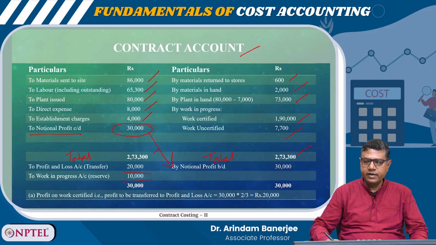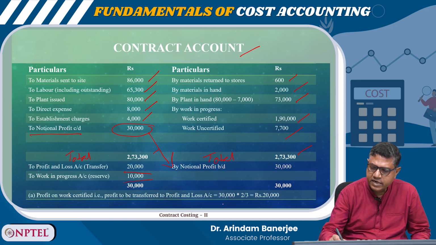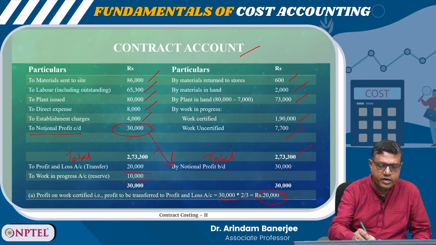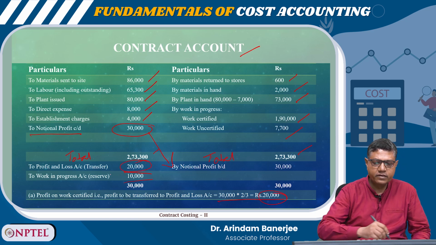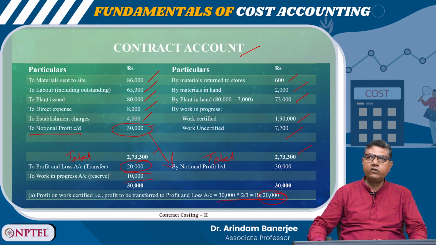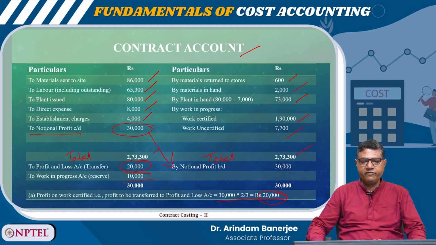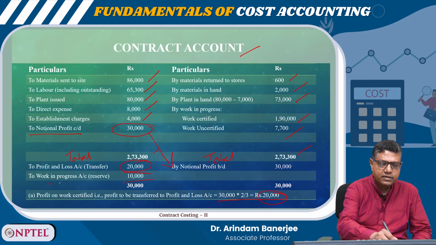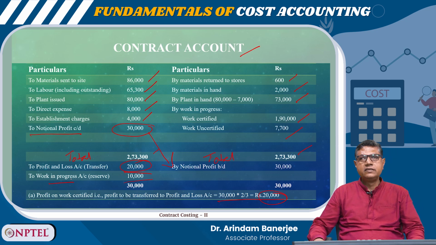I can calculate the profit on certified work like this: 30,000 into 2 by 3, that is 20,000. So, this 20,000 is going to be transferred here, and the rest of the amount, which is yet to be certified, I am carrying as work in progress. So, this is another illustration for calculation of profit in case of a contract.